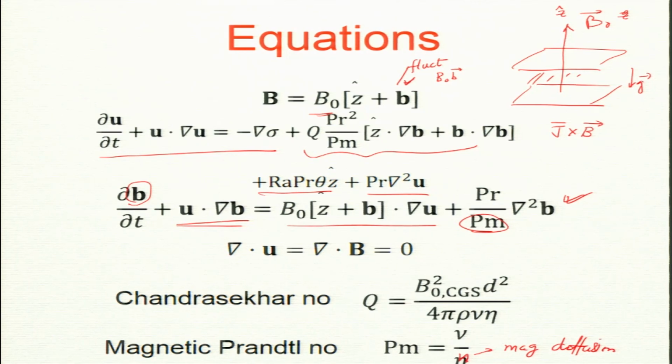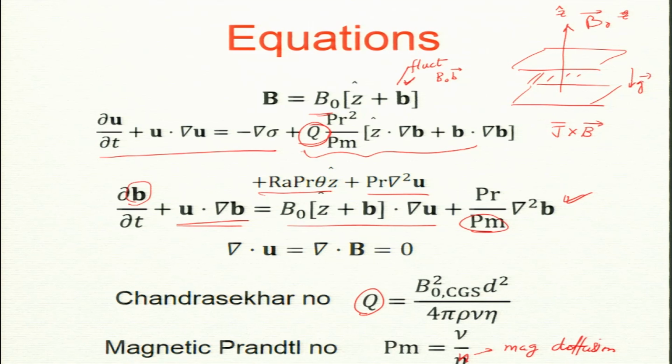And this Q is the parameter here, Chandrasekhar's number. It is the strength of the J cross B force, the Ampere's force. Current carrying conductors in a magnetic field experience a force.